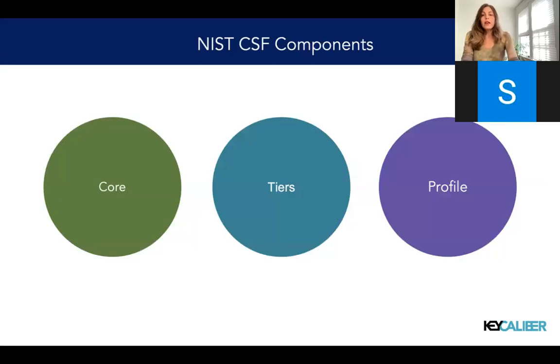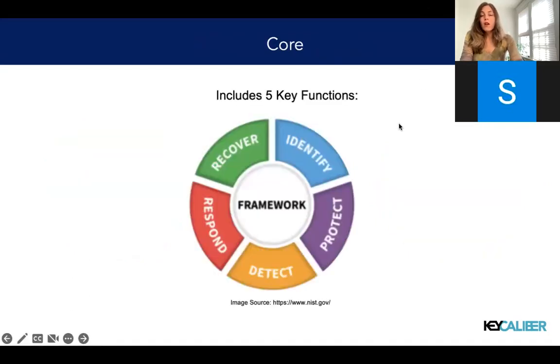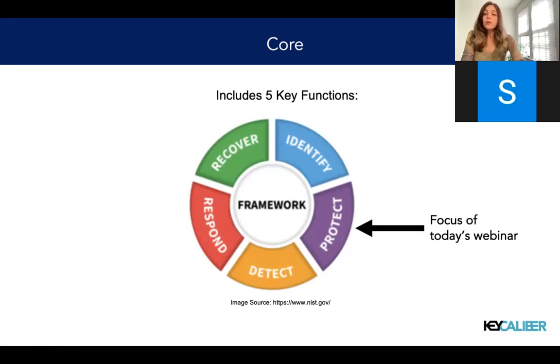There are three big components to the framework: the core, the tiers, and the profile. The core is the five categories that we think about when we think of NIST CSF. In our last webinar, we covered identify, and this one will cover protect, and in the next three months, we'll finish the rest of the circle.